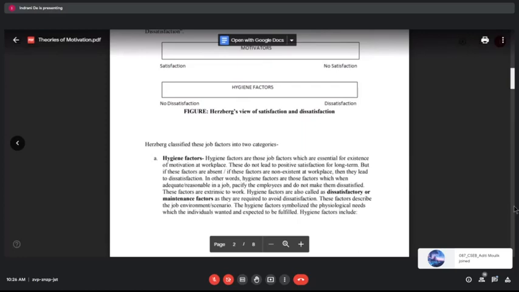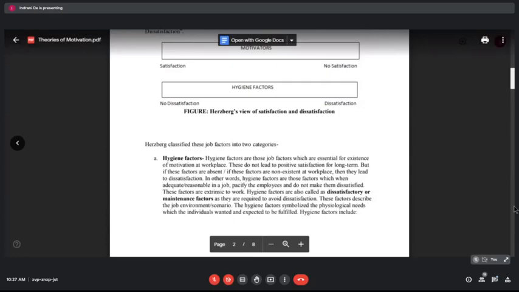If you are getting payment, fringe benefits, security, a proper environment, that is preventing you from getting dissatisfied. But it is not giving you any motivation. If it is absent, you will be dissatisfied. If it is present, you can avoid dissatisfaction. So we can call them dissatisfiers or maintenance factors.